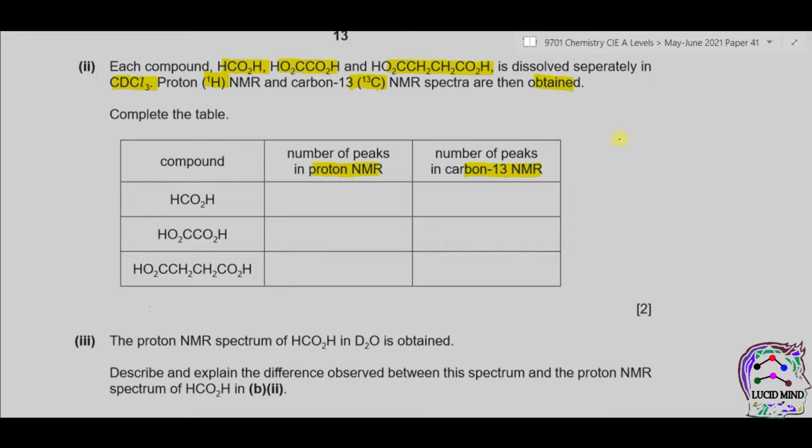We have HCO2H. Second, we have two carboxylic acid groups.